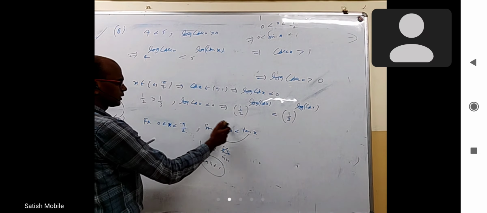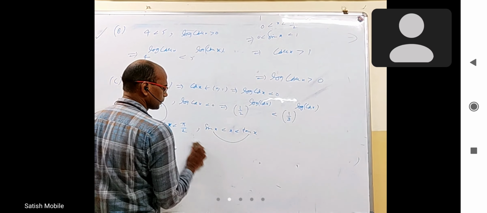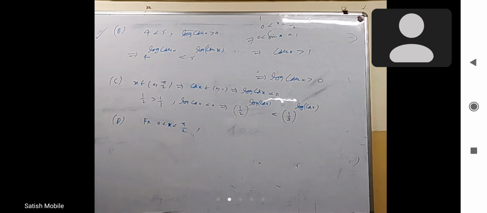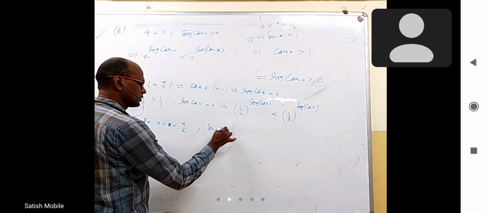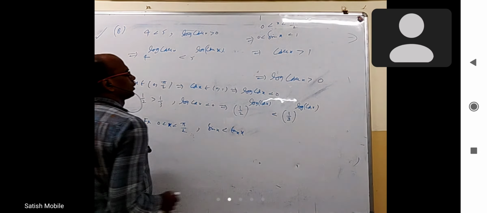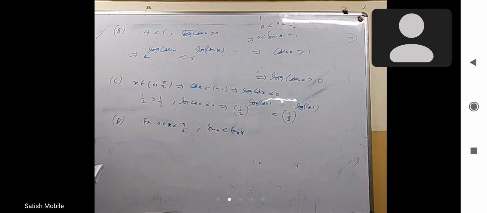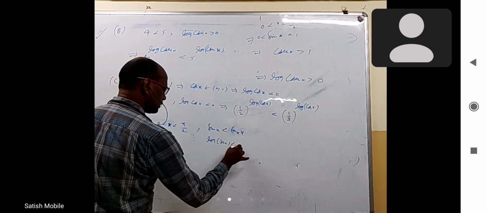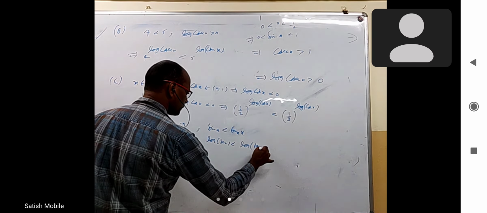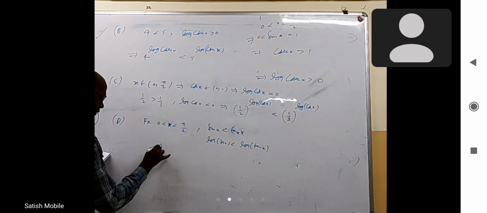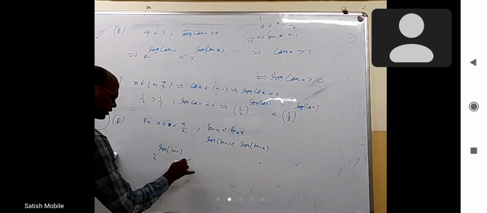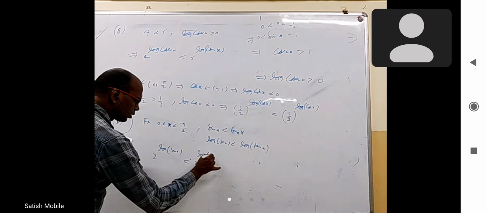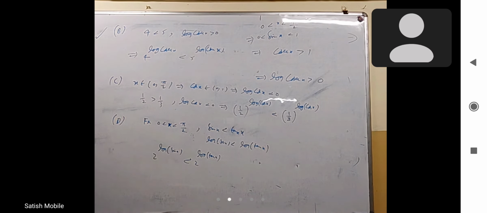So the 'between x' part is not so important. I can directly say sin x is less than tan x. Because sin x is less than tan x, log sin x will be less than log tan x. Now 2 power log sin x is less than 2 power log tan x. Because this power is less, this power is more.